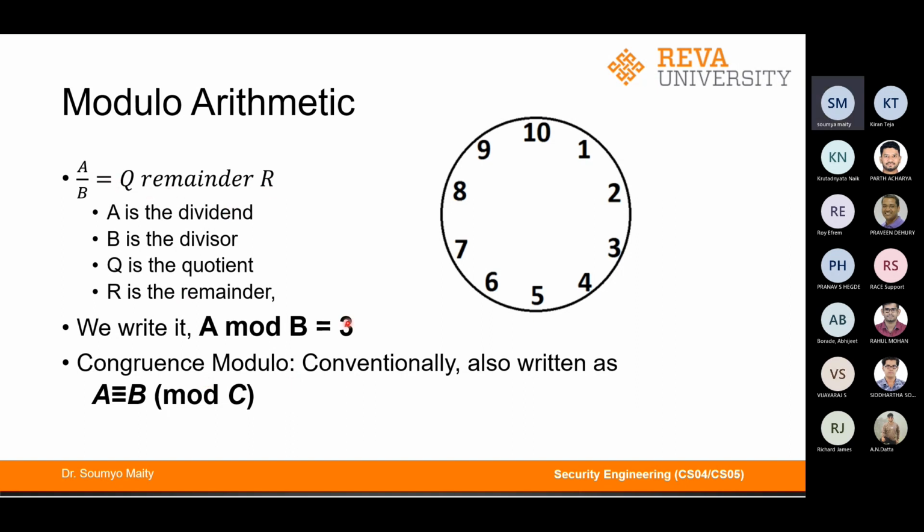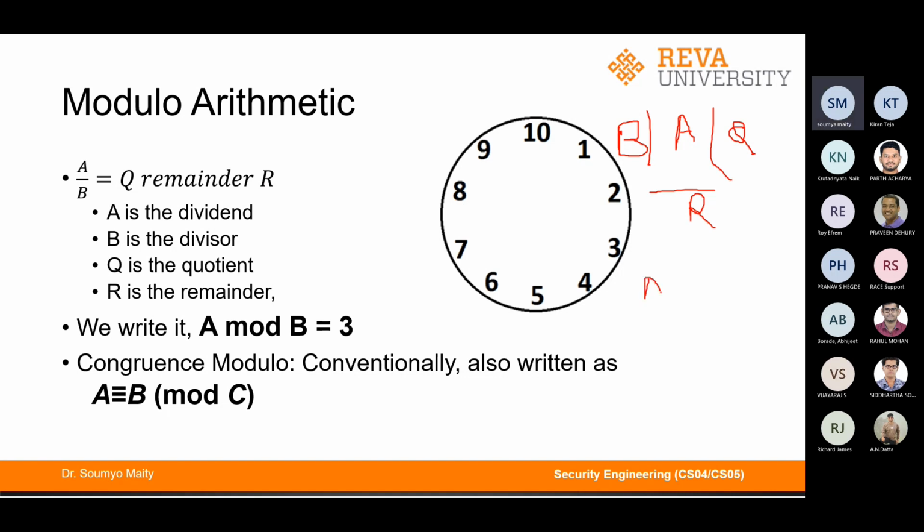So this one we can write. I'm just taking my pen here. A, B, Q and R. And do you remember we also learned this formula?